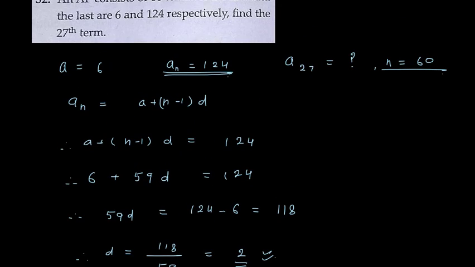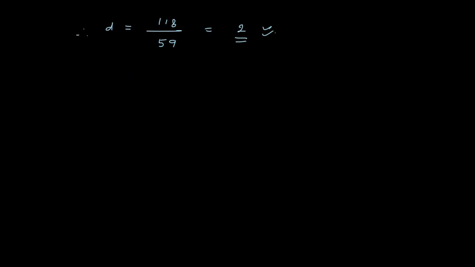Now I have to find A27. So the value of A27 is equal to A plus 26D, is equal to the value of A, which is 6, plus 26 into 2.